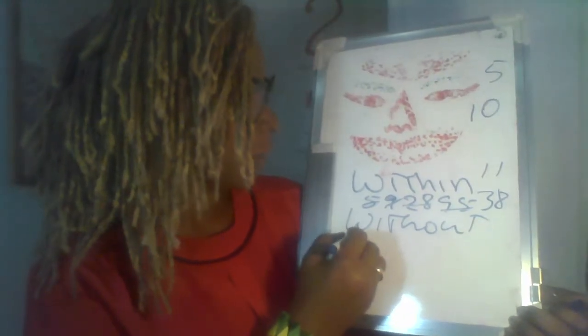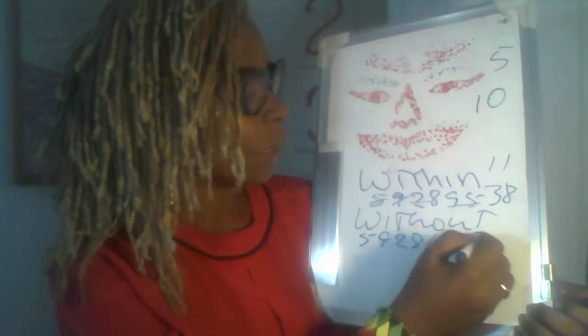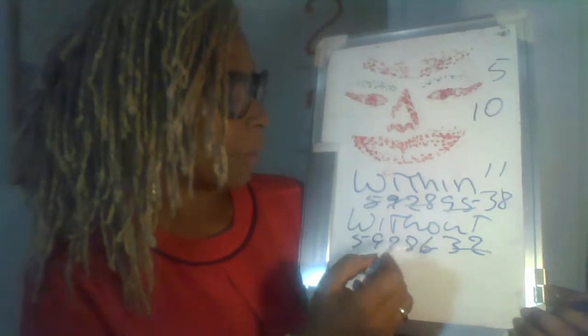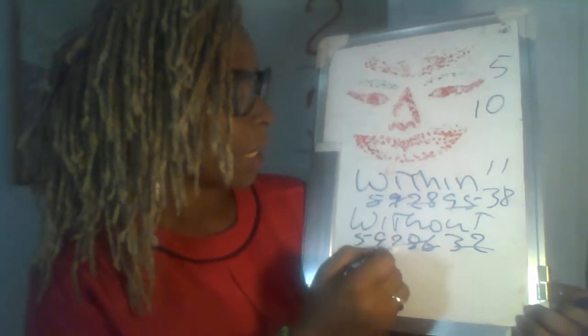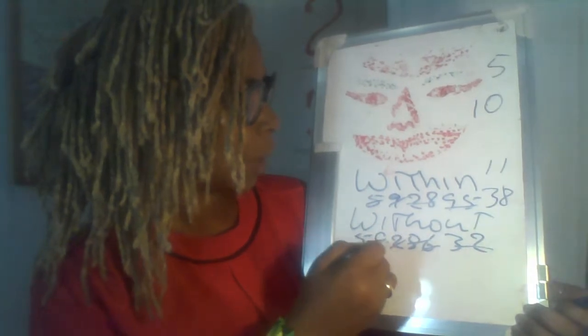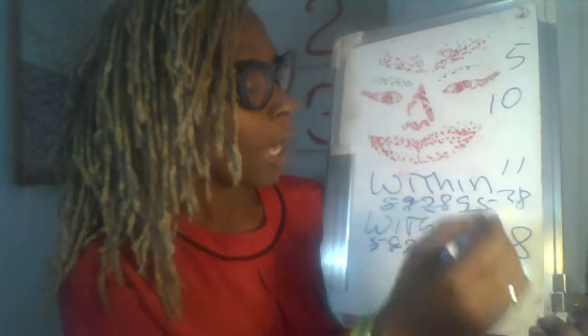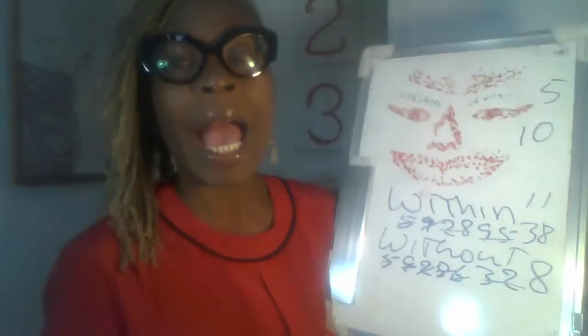And there we have 5, 9, 2, 8, 6, 3, 2. All right, so this is 5 and 6, 11 and 8, 19 and 2, 21, and 9, 30, 35. So here we have without is actually 8.